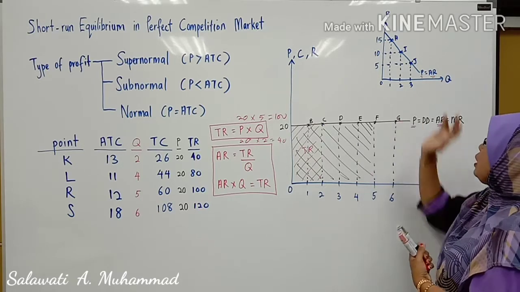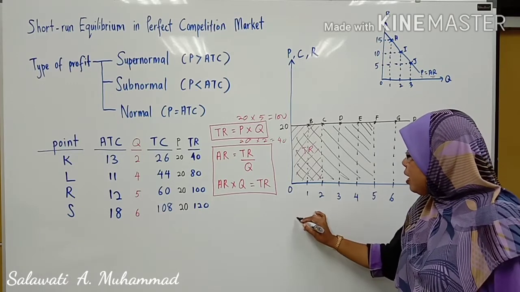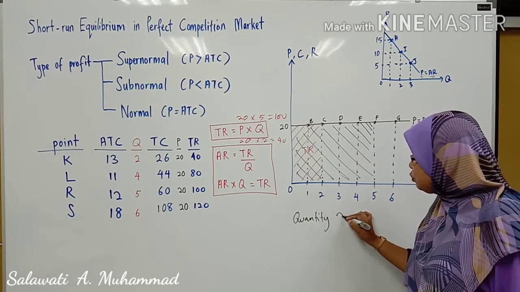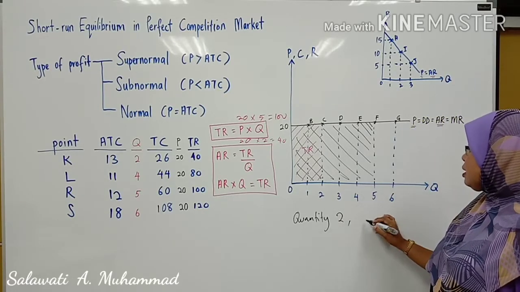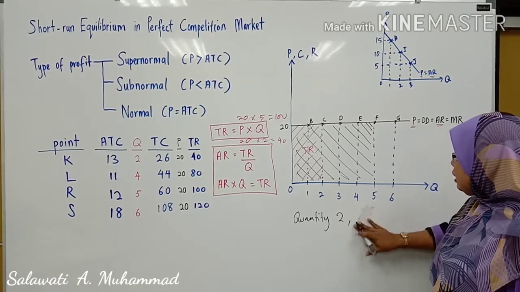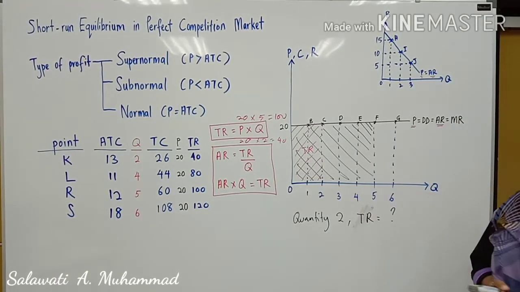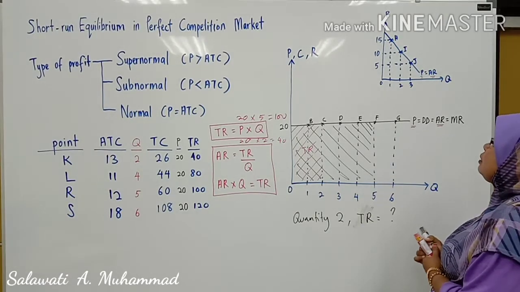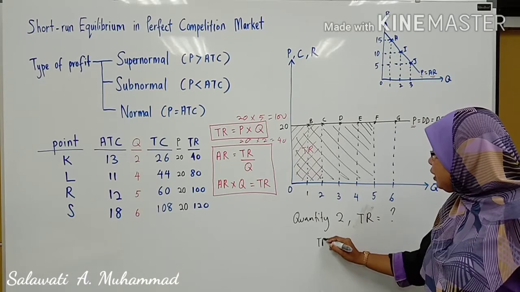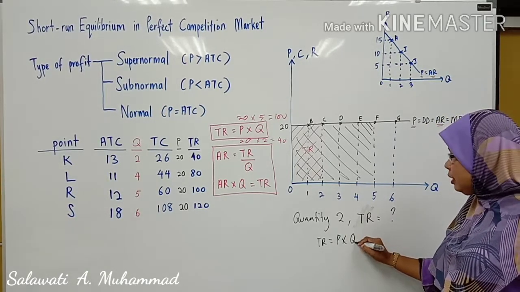How about monopoly? Okay, when a question asks you at quantity 2, how much total revenue, you find out total revenue is P times Q, price times quantity.